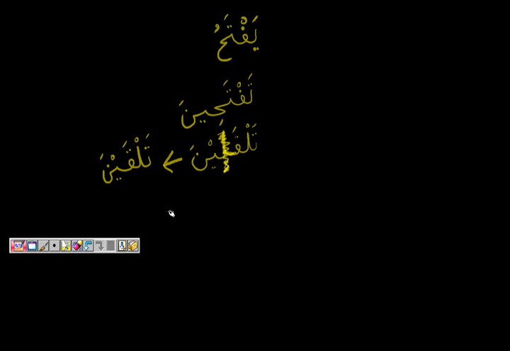So the notes we have here are that the second person feminine singular and the second person feminine plural are the same form. Both of them are talqayna. Right? But the first one is anti talqayna and the second one is antunna talqayna.